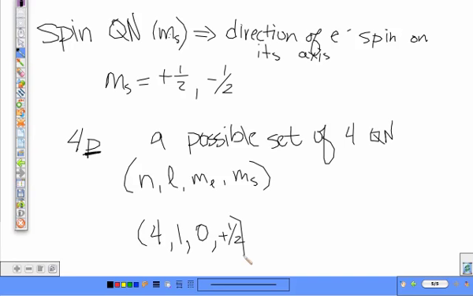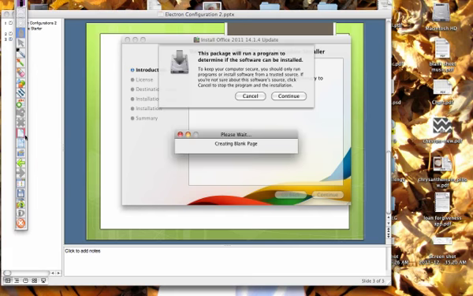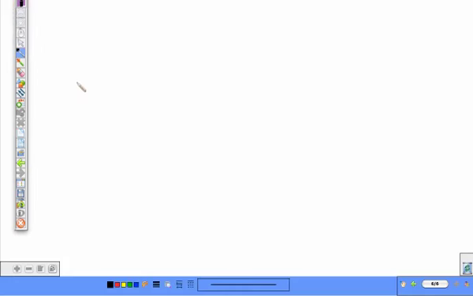Okay, next one, electron configurations. I'll put a couple up here and you tell me what the configuration is. Fluorine.